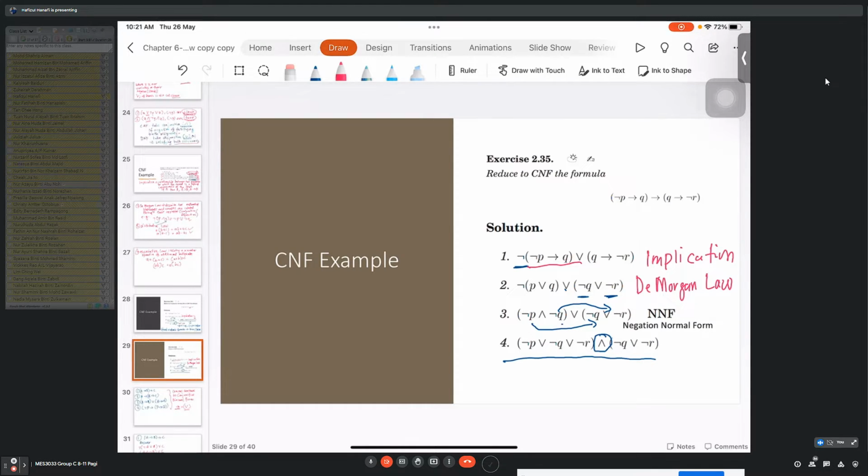And then we eliminate negate P or negate Q. This one is De Morgan Law. Negation normal form is a subset of De Morgan Law. And then after that, we use the distributive law. This one is distributive.